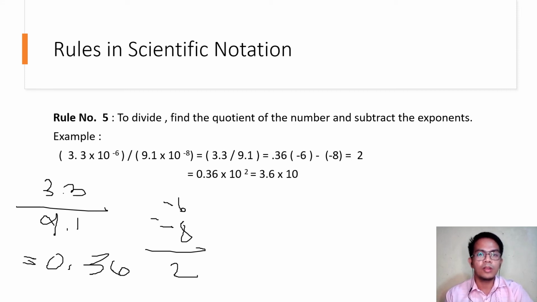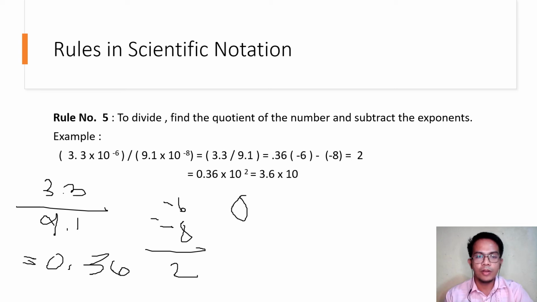So 1 move to the right is minus 1 to the exponent, and 1 move to the left, add 1 to the exponent. So in this case, we will move the decimal place to the right, so the exponent will become 1, and the coefficient will become 3.6.